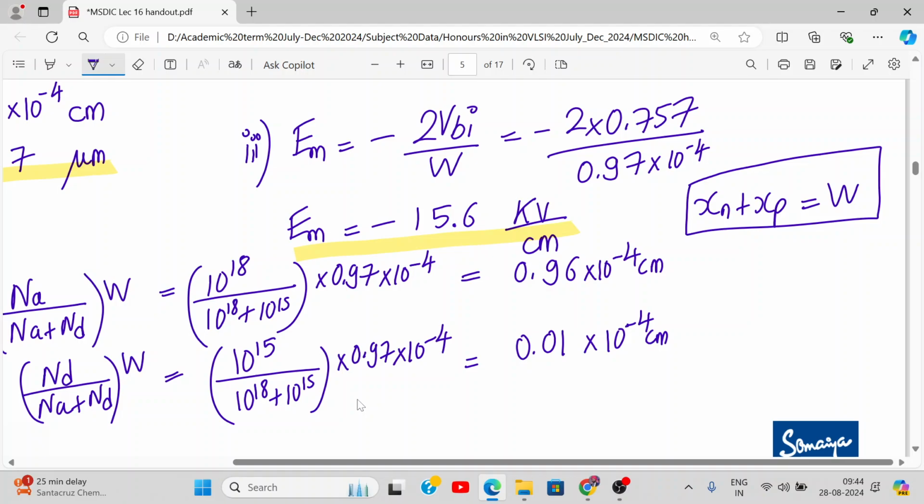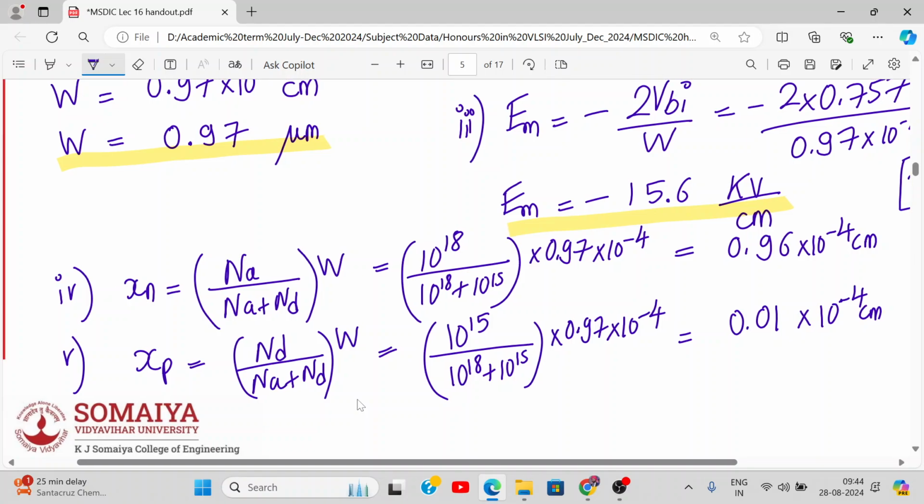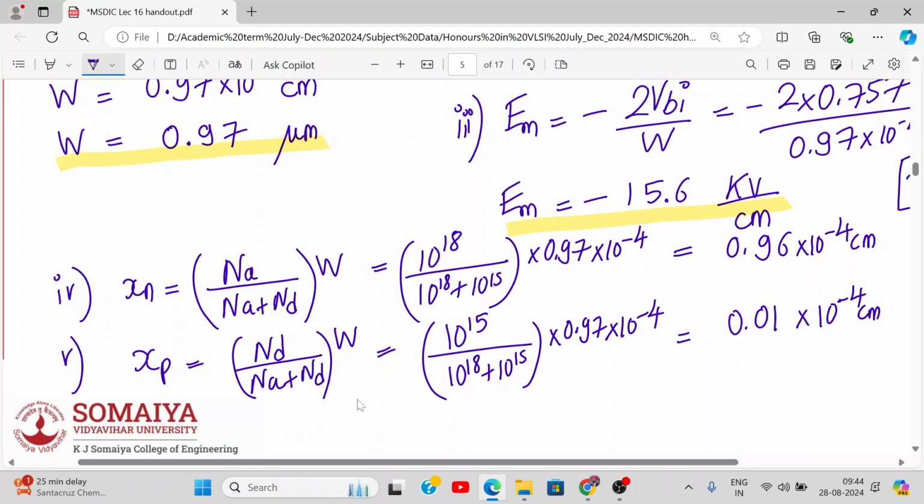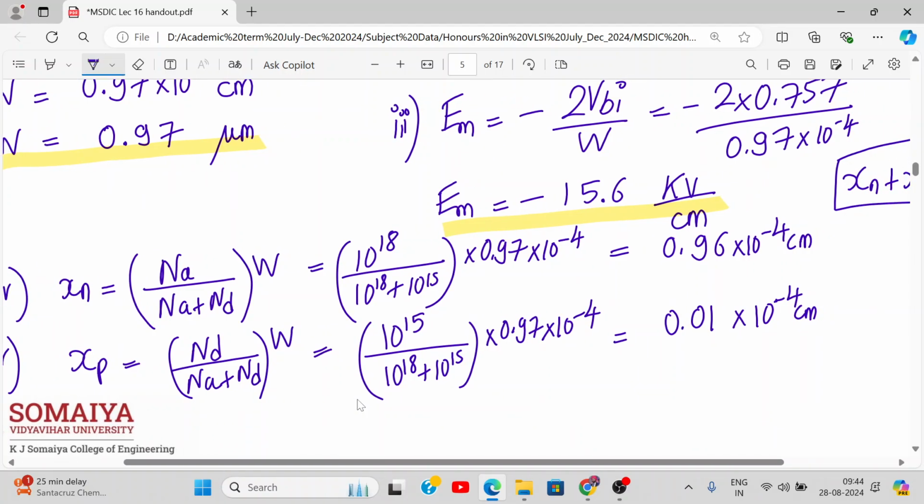So as you can see, P side is very, very heavily doped. So the extension of XP is very, very small, whereas it's fully extended towards XN only.